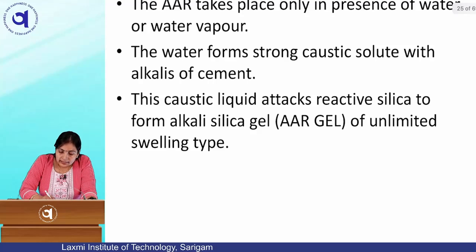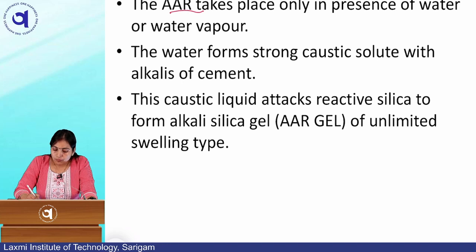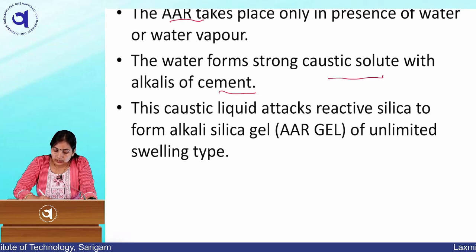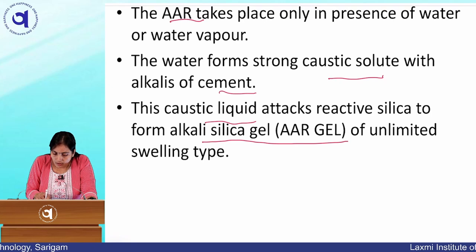This alkali aggregate reaction takes place only in the presence of water or water vapor. The water forms a strong caustic solution with the alkali of the cement. This caustic liquid attacks reactive silica to form alkali silica gel of unlimited swelling type.